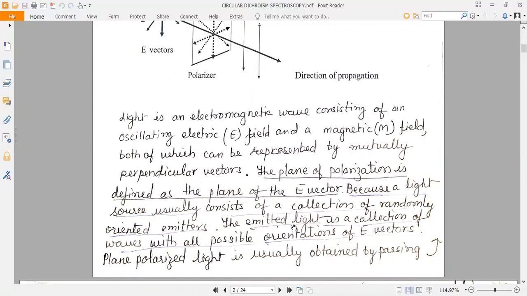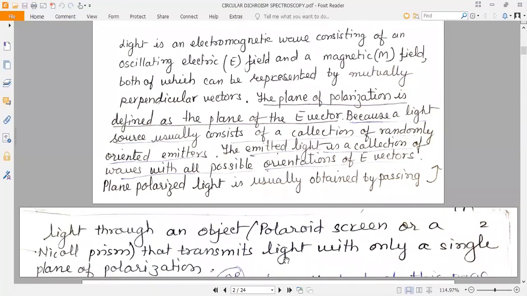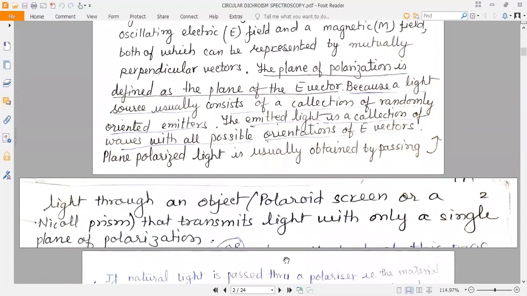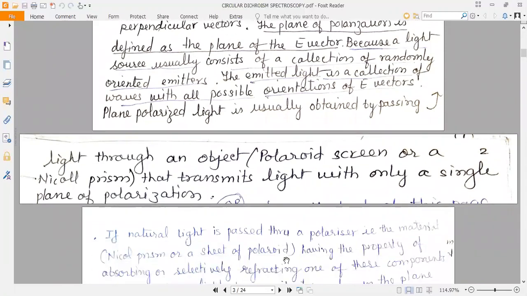The emitted light is a collection of waves with all possible orientations of the E vector. Plain polarized light is usually obtained by passing light through an object or Polaroid screen or a nickel prism that transmits light with only a single plane of polarization.